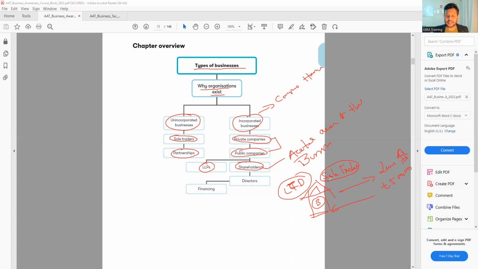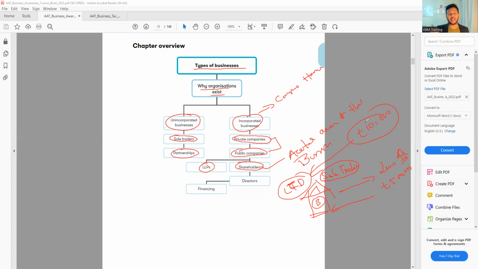That means, for example, when I start the business, if I inject 10,000 pounds as capital, and if I take some loan from the bank, or if I buy something from my supplier, and if I have no money to pay it back, I can only lose a maximum of 10,000 that I invested in the business when I started the business.